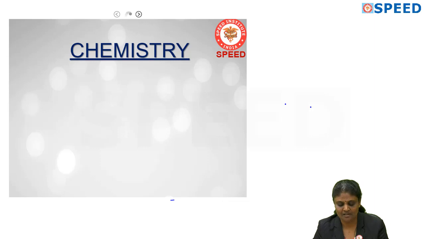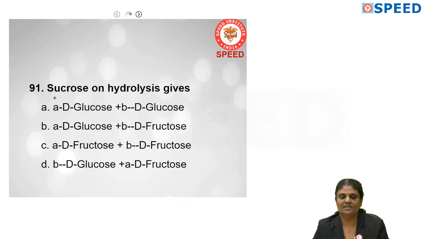So let's start. We will see the question paper questions one by one in this session. The first question: sucrose on hydrolysis gives alpha D glucose and beta D glucose; or alpha D glucose and beta D fructose; or alpha D fructose and beta D fructose; or beta D glucose and alpha D glucose.